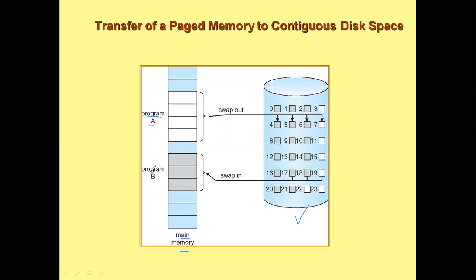So we have two programs here, program A and program B. When program B has to execute, and there is no necessary need of program A in the main memory, that is when program A is swapped out to the disk, and whatever is required is swapped in. It is at this point of time the CPU wanted to execute program B, so all the pages of program B are brought in from the disk to the main memory, and since program A was no longer needed right now, its pages are swapped out from the main memory to the disk.